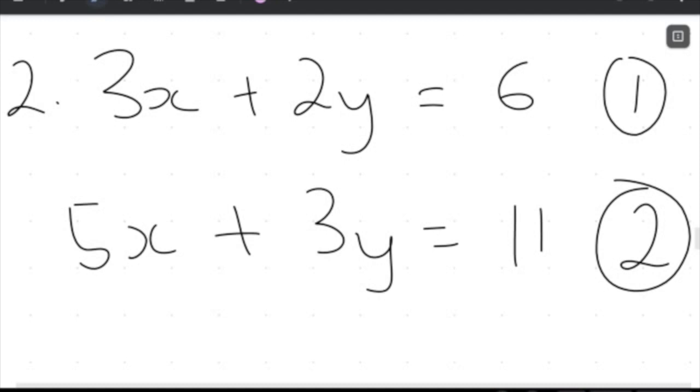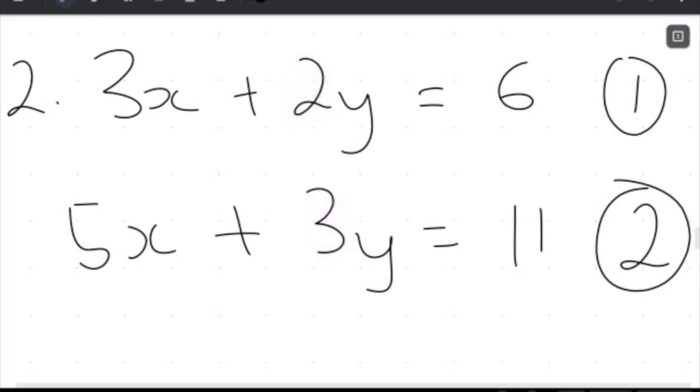But if we look, we want to see if we can make some changes to our equations 1 and 2 here. I can't make, for example, 3 into 5 very easily, nor can I make 2 into 3. But I can find the lowest number in which 2 and 3 is a factor.